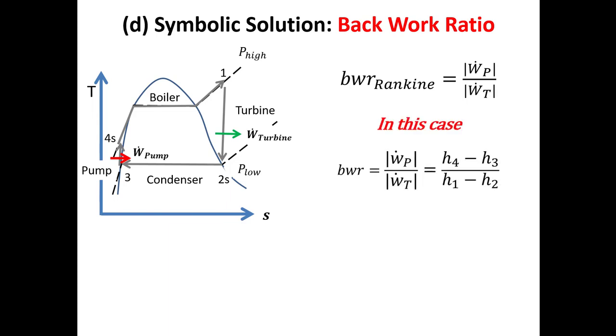In this case, because the mass flow rates are the same, I can just say that this is delta H across the pump divided by delta H across the turbine. I take the absolute value of these things, and I find that my backwork ratio is about 1%. That's one of the things that's good about Rankine cycles: they typically have very low backwork ratios because it doesn't take very much power to pump a liquid up to pressure.